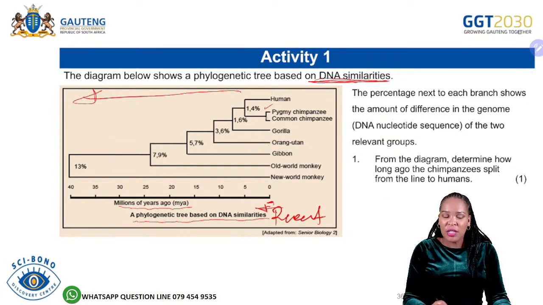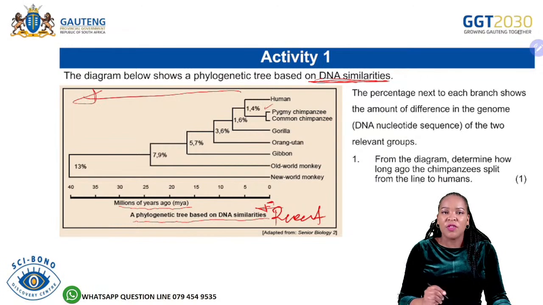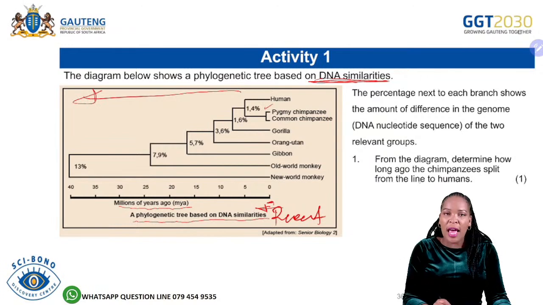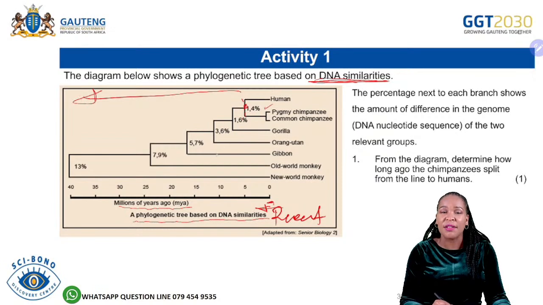What they are asking you in essence here is, what is the common ancestor of the chimpanzees and the humans? When did the chimpanzees split from the humans? So you're going to go to your phylogenetic tree and trace where they are joined together. When you see here, this is where they start branching. So from this, how long ago? It wants you to give time.